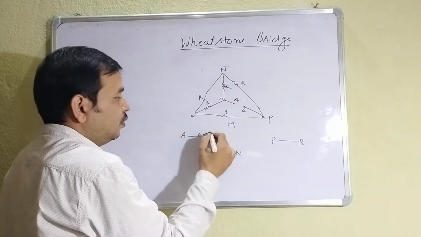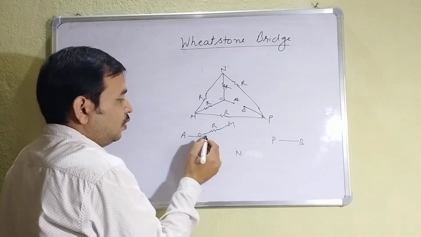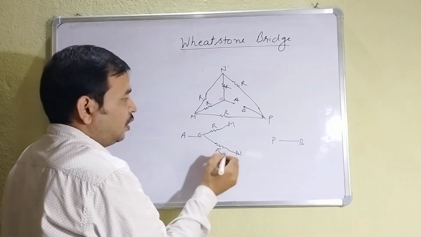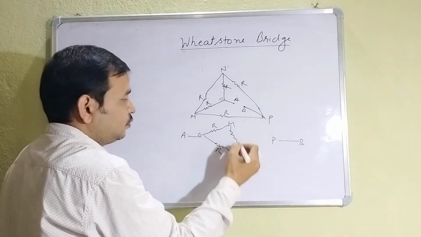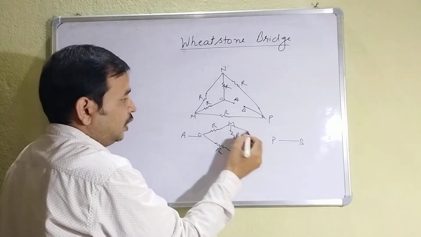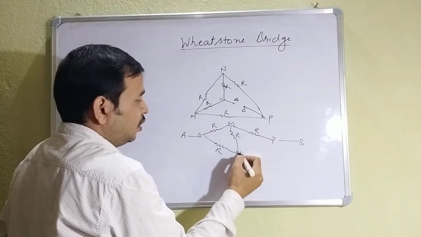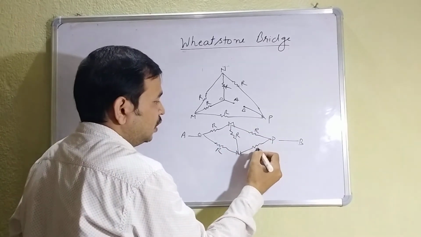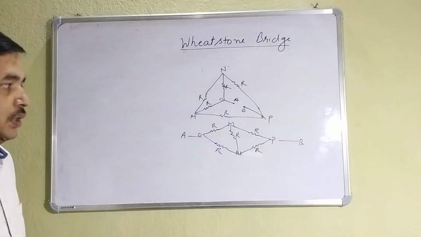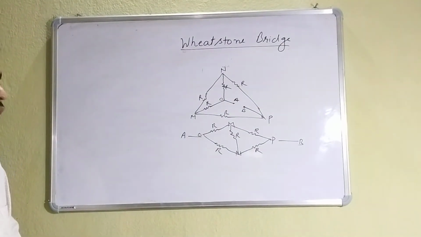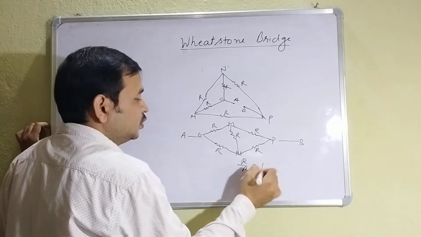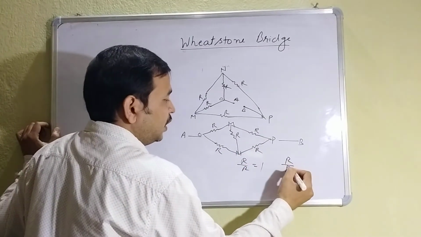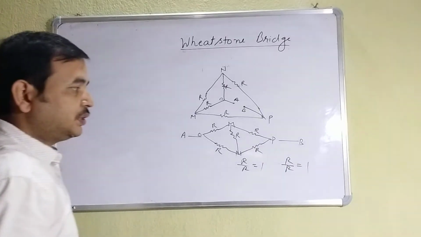O and M is R. O and N is also R. M and N is also R. M and P is also R. N and P is also R. Again you can see, student, this is the Wheatstone bridge and it is in balanced condition. P by Q is equal to R by S. So it is in balanced condition.